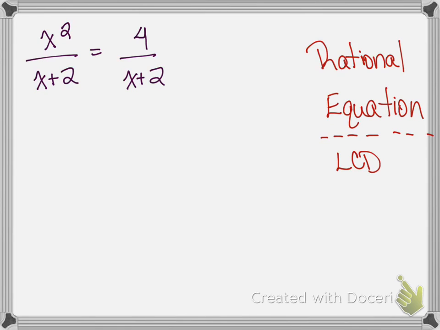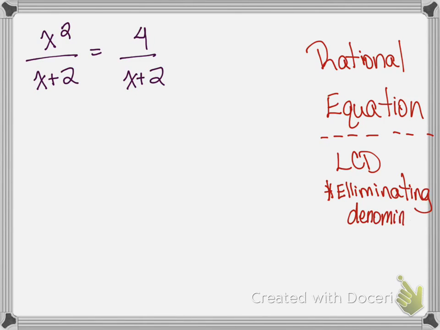So we are going to find the LCD, but then we're going to multiply everything times the LCD. And when we do that, we end up eliminating the denominators. That's our goal. We want to eliminate denominators.